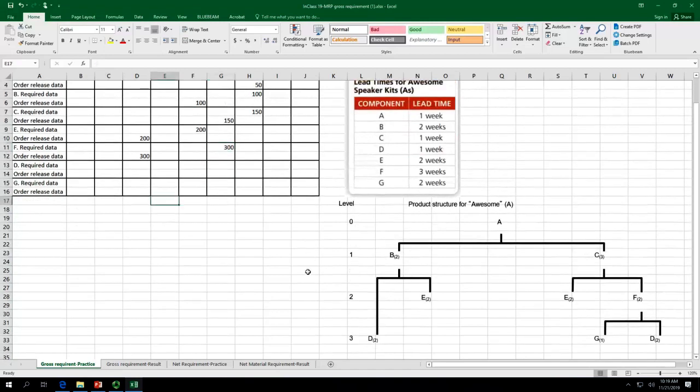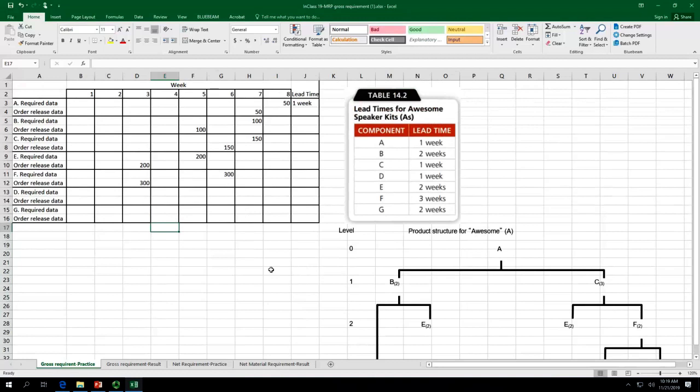So we can look at D, and this D is associated with B. And how many pieces? To make 1 B, you need 2 Ds. So here it is B level. And this B level, it is 100.